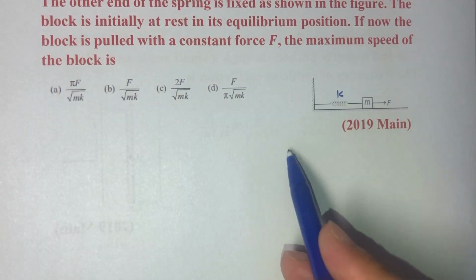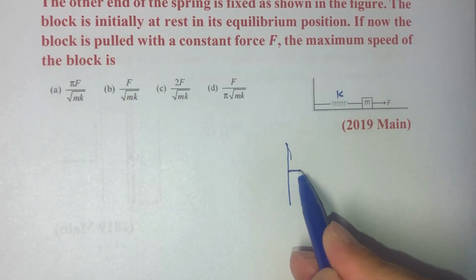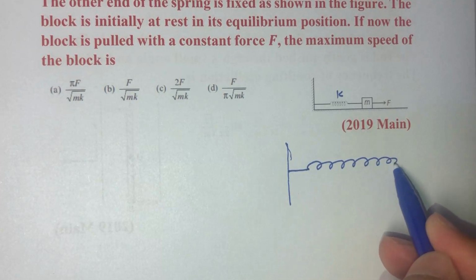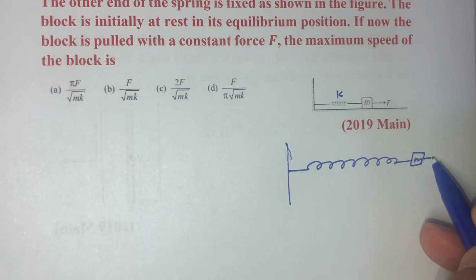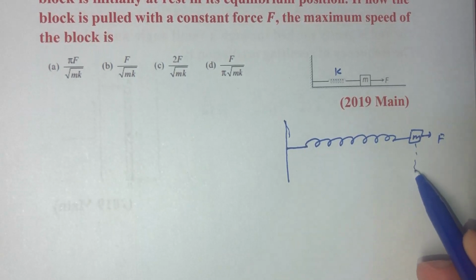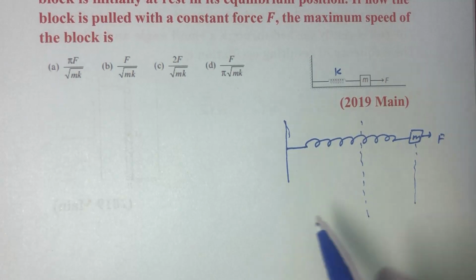This is a fixed wall, and we have a spring which is stretched from its mean position. This is a mass m, and we apply a force F in this direction. This is the extreme position, and somewhere here is our mean position.